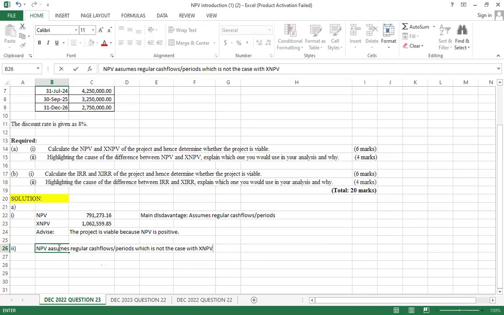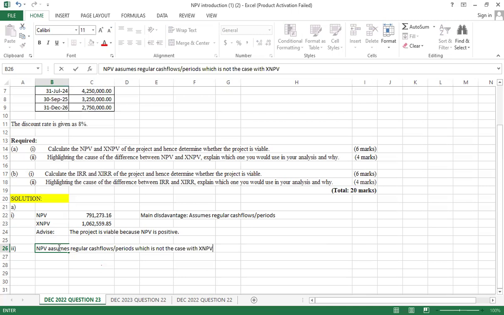That is the cause of the difference, ladies and gentlemen. NPV makes the assumption that the cash flows are what? Regular. And we have explained that. That is not the case with XNPV, and that's why the XNPV actually takes into account the specific what?